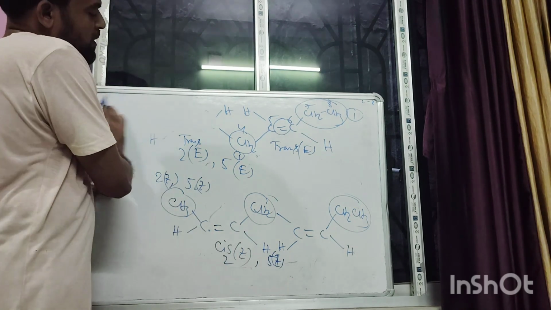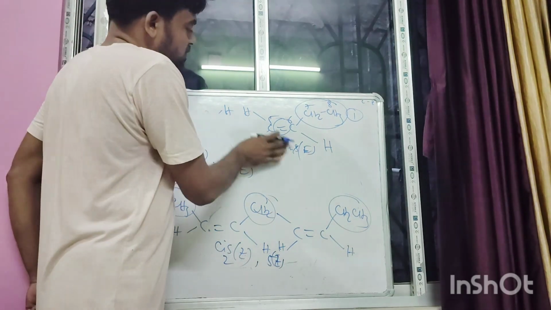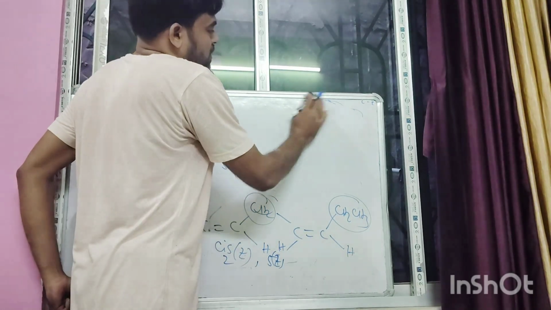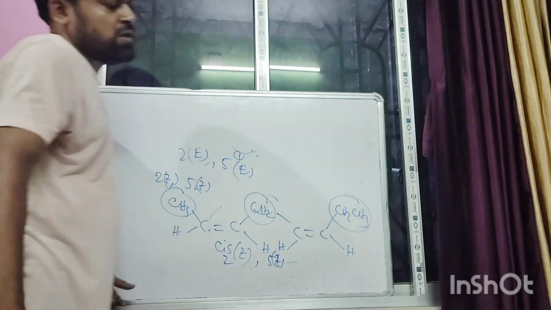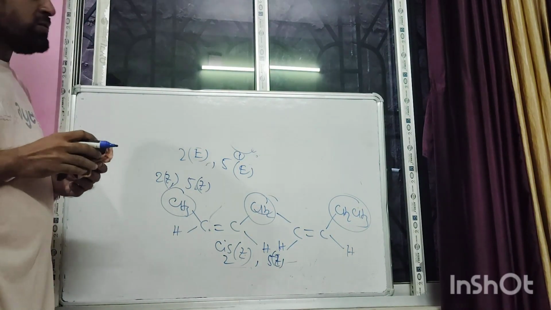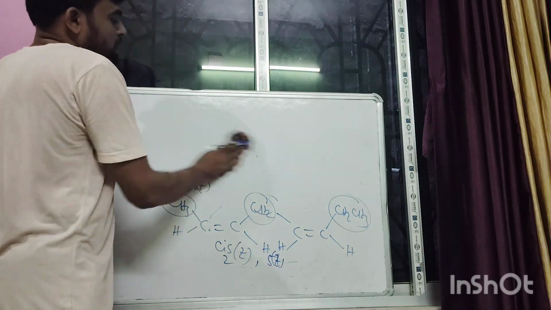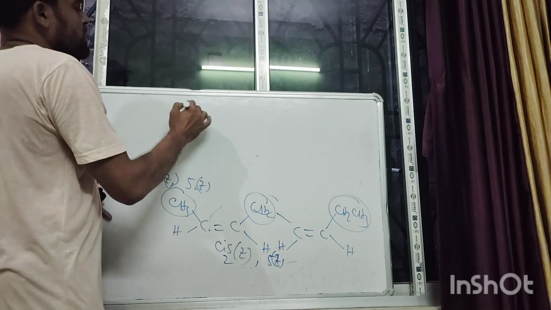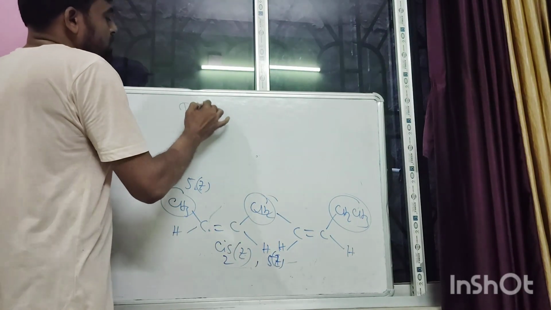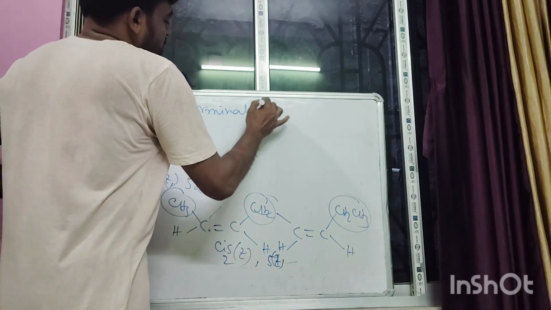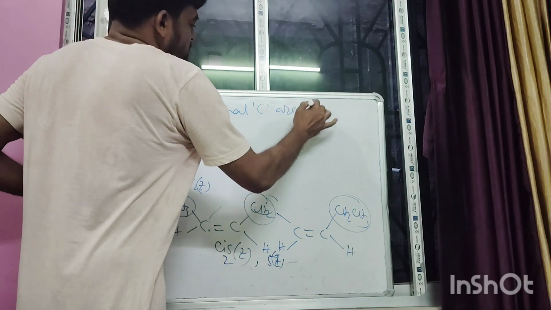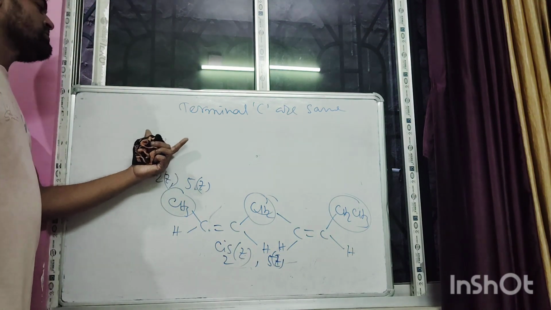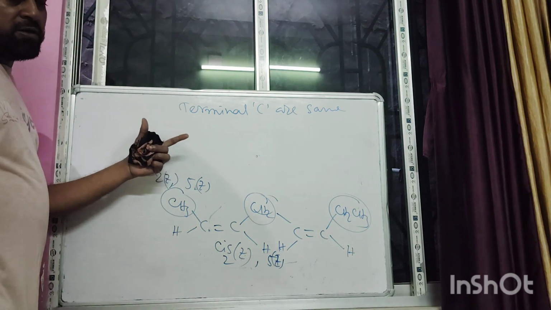Here another part is, if the terminal carbon atoms are the same, and the number of double bonds is even or odd.